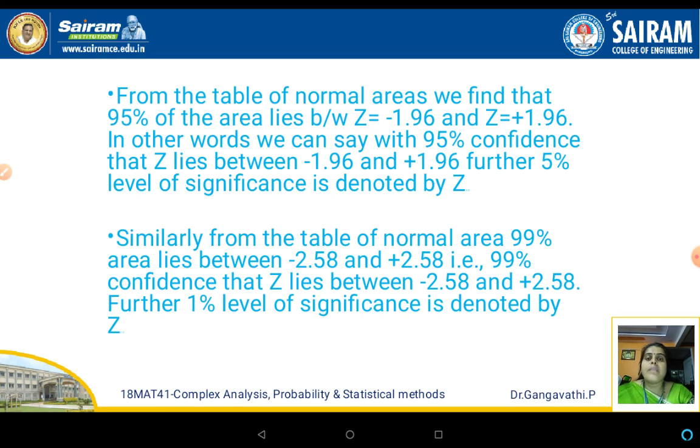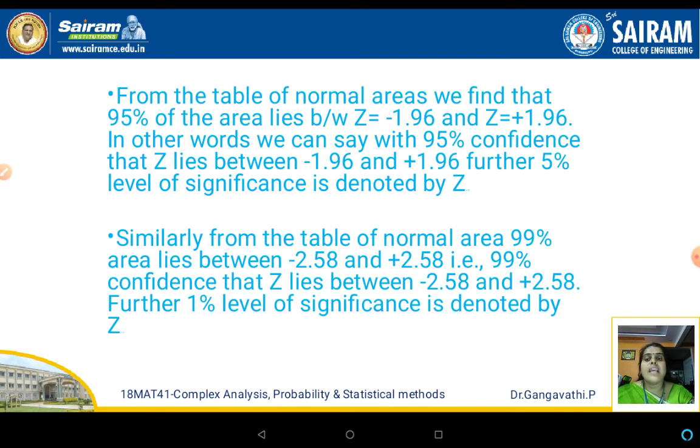From the table of normal areas, we find that 95% of the area lies between z is equal to minus 1.96 and z is equal to plus 1.96. In other words, we have 95% confidence that z lies between minus 1.96 and plus 1.96, and the 5% level of significance is denoted by z 0.05 in the suffix. What is the meaning of this?